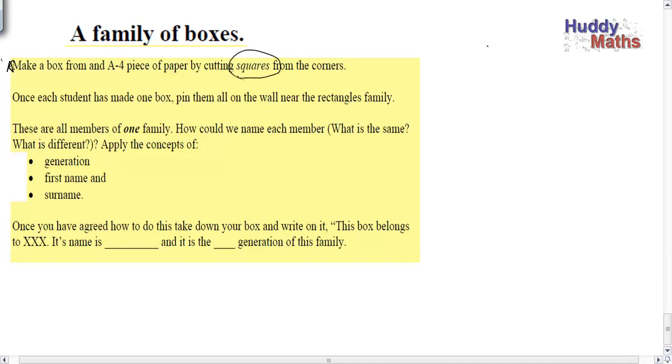A4 paper is like this, and if you cut out a square, it has to be the same size out of each corner. They've all got to be the same size. Okay, we're going to cut them out.